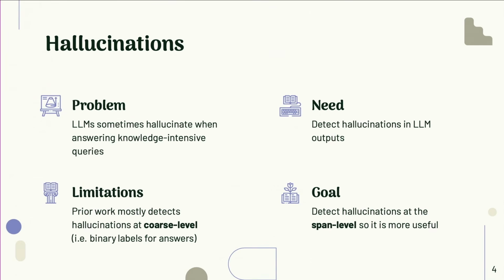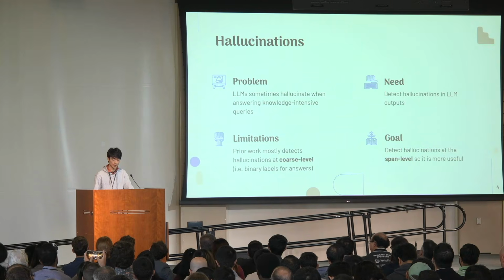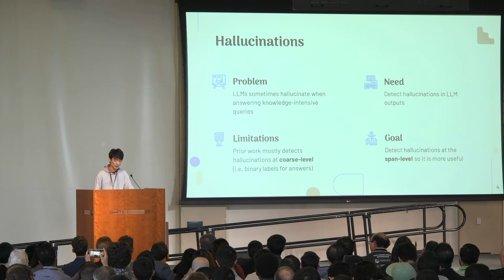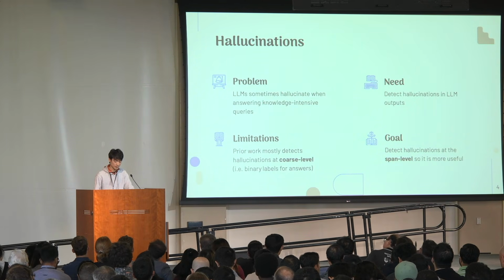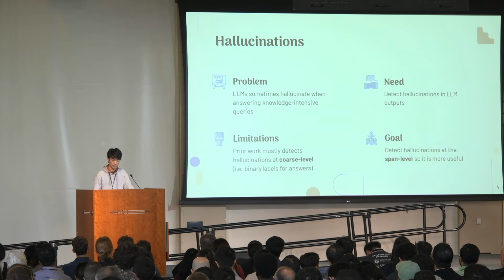Deciding whether an answer contains a hallucination somewhere is relatively straightforward, and that's what most existing systems do. That is assigning binary labels or even a score to a generated answer. However, being able to pinpoint at the span level exactly where in the answer the hallucination is would be much more useful.